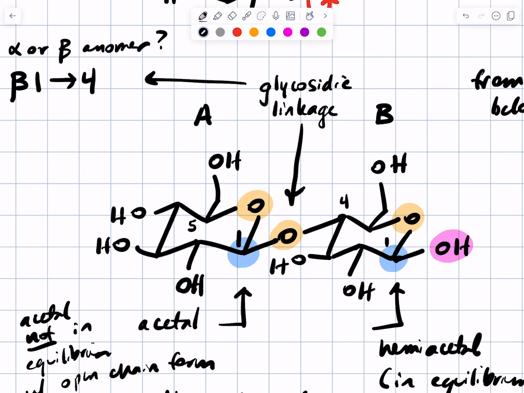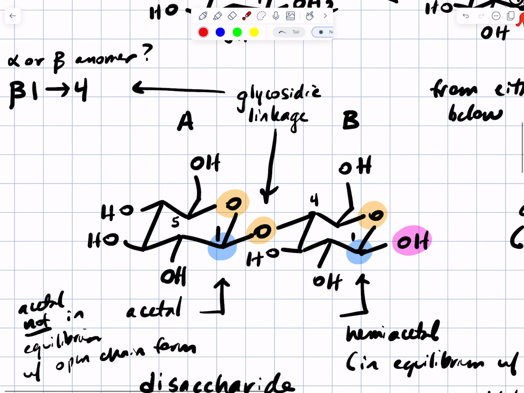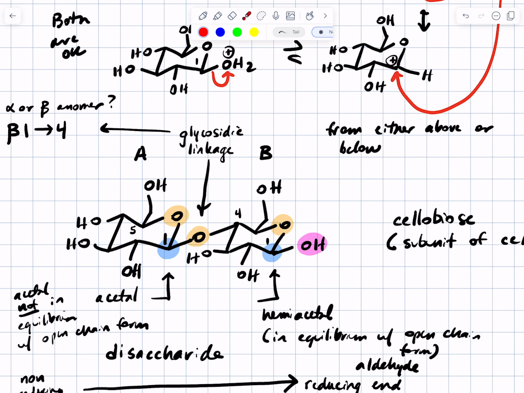Okay? So you'll need to be good at recognizing that, for example, in cellobiose, A is beta D-glucopyranose and B is beta D-glucopyranose, and the linkage between these two carbohydrates is a beta 1,4 glycosidic linkage. Questions about that?